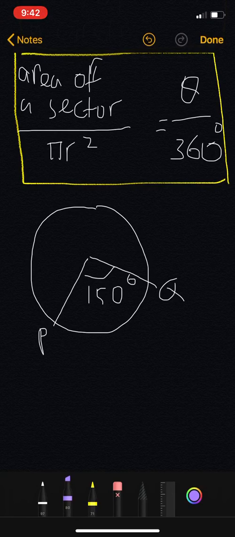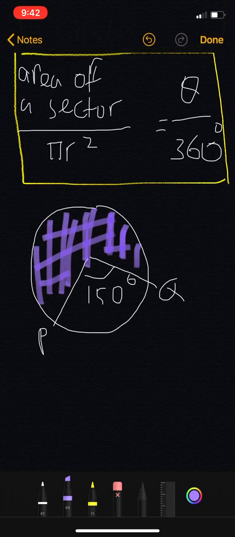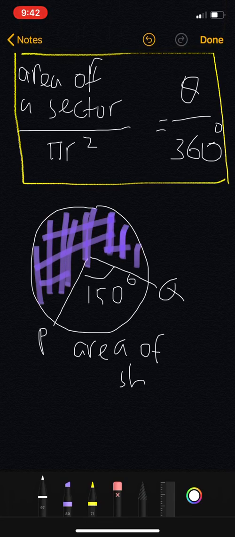If before this the question asked you to find the length of the major arc, now the question asks you to find the area of the shaded region. The purple one is the shaded region. What is the area of the shaded region?